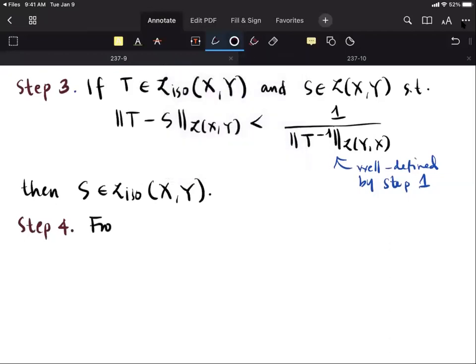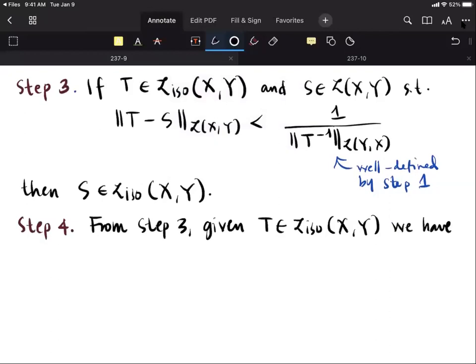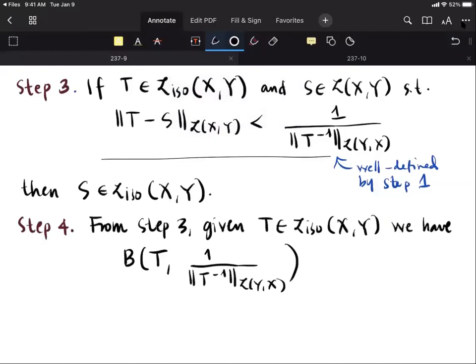So from step 3, given, let's say, a point T in the set of bounded isomorphisms from X into Y, we know that the ball centered at T having this radius, so this basically describes the set of points in the open ball with respect to the space of bounded linear operators, of course, centered at T with radius this reciprocal.